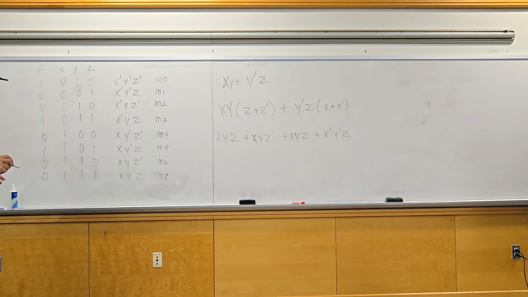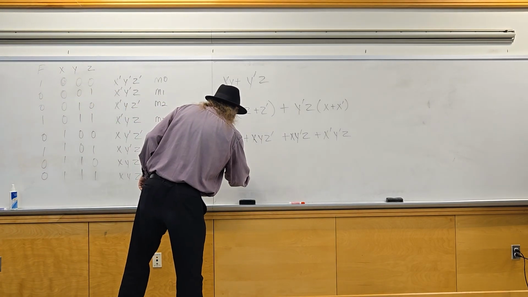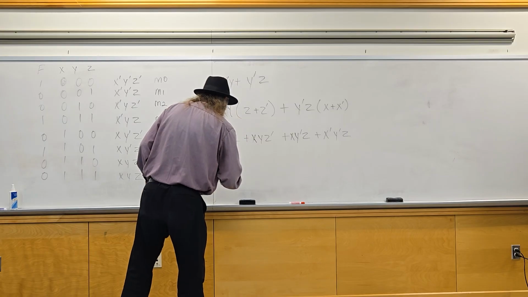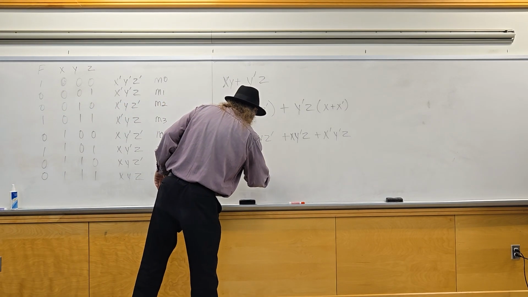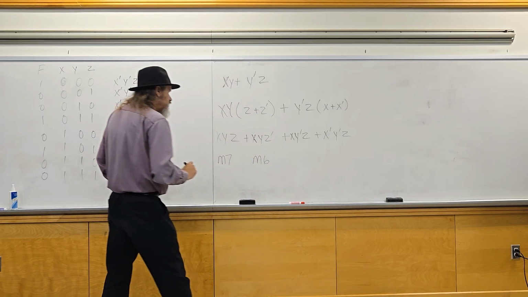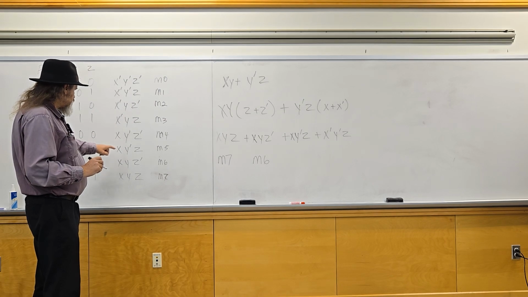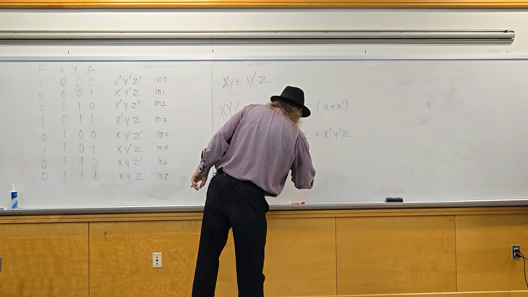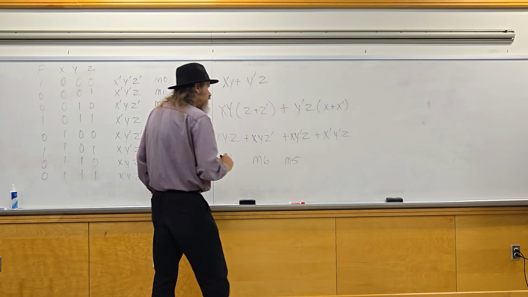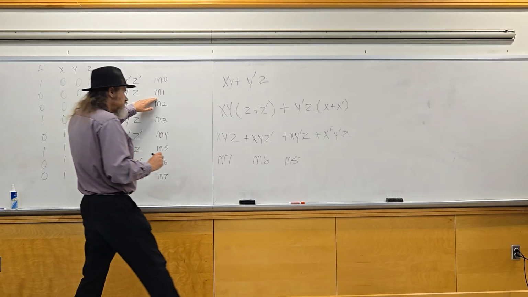And then you could see that this is M7, X, Y, Z prime is M6, X, Y prime Z is M5, and X prime, Y prime Z is M1.